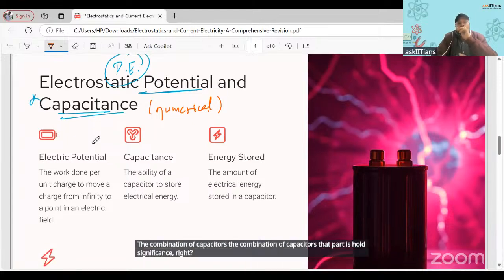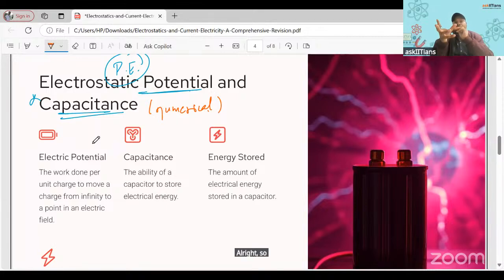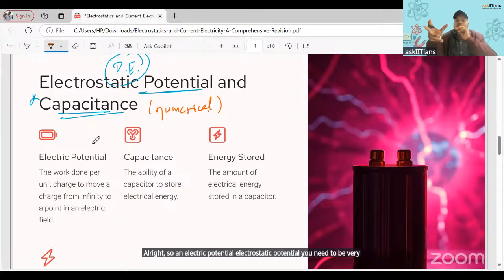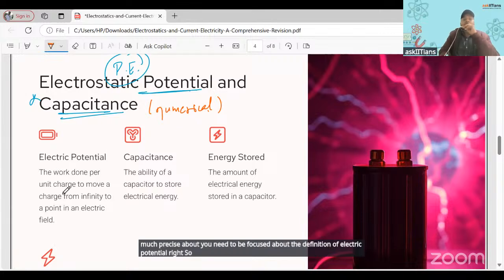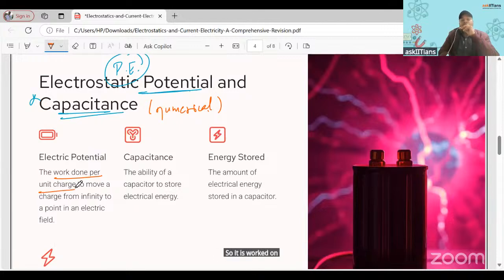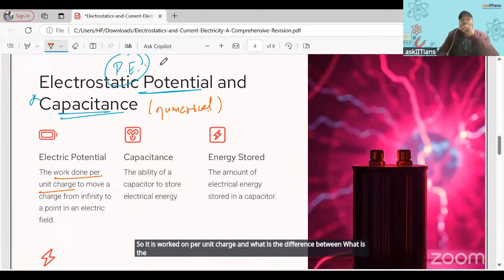All right. In electrostatic potential, you need to be very precise about the definition of electric potential. How is electric potential associated with the work done? It is work done per unit charge. And what is the difference between potential energy and electrostatic potential?